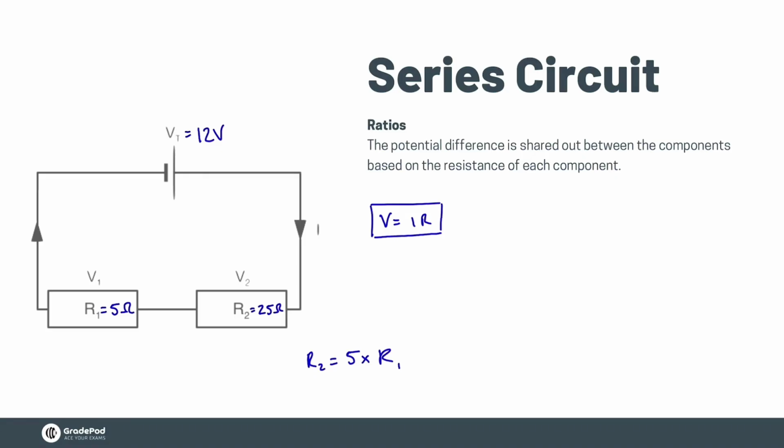So if we say that the voltage across this is 10 volts and the voltage across this is 2 volts, 10 plus 2 is equal to 12, so that adds up. But also 10 is 5 times greater than 2. It becomes a bit easier to do problems if you consider that with a series circuit, the ratio of sizes of resistance equals the ratio of sizes of voltage, and that makes things a little bit easier for you to work through.